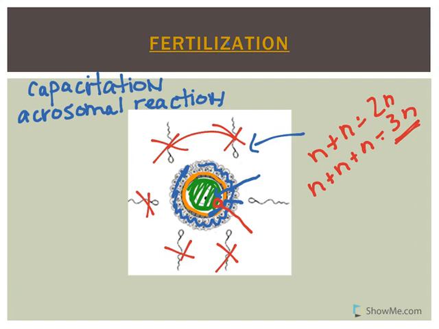So once one lucky sperm has made its way in, there's something called the cortical reaction that will take place. That cortical reaction involves granules that are released from the egg, and I always say it puts up a little brick wall, so no other sperm can get in.